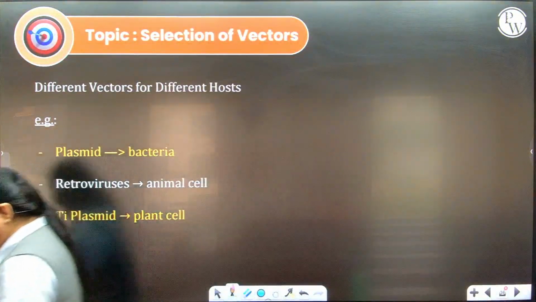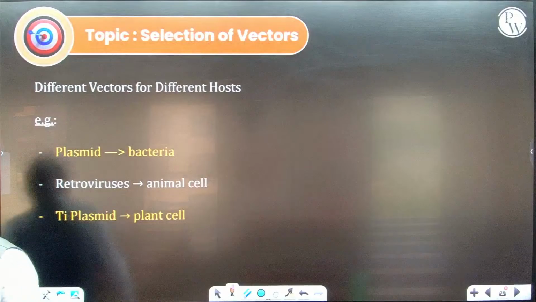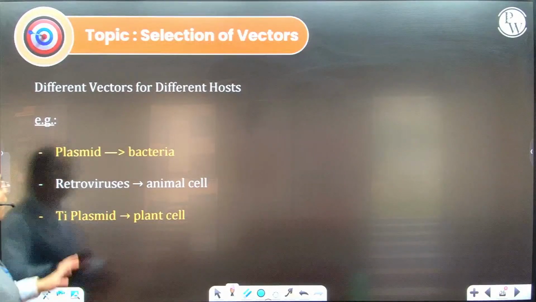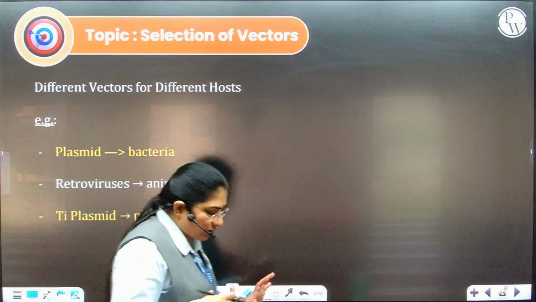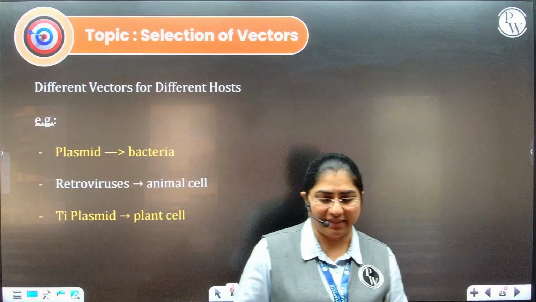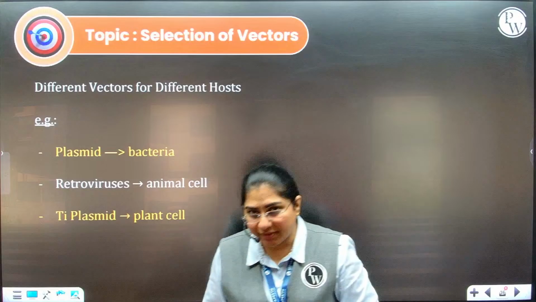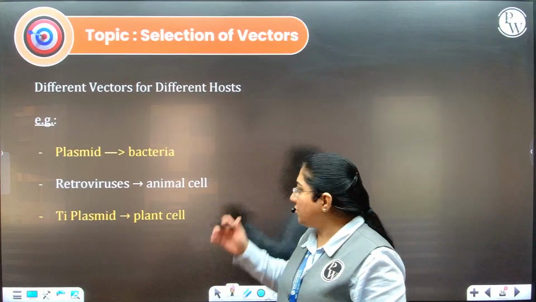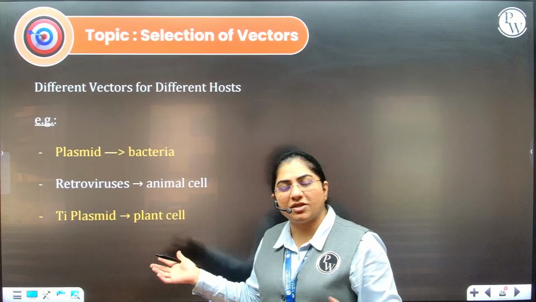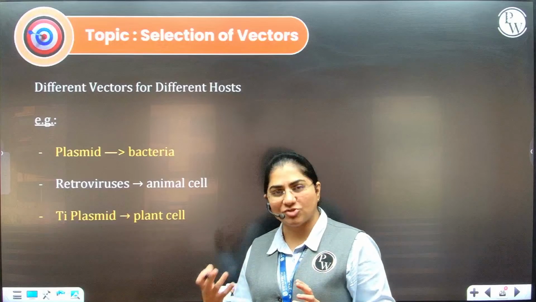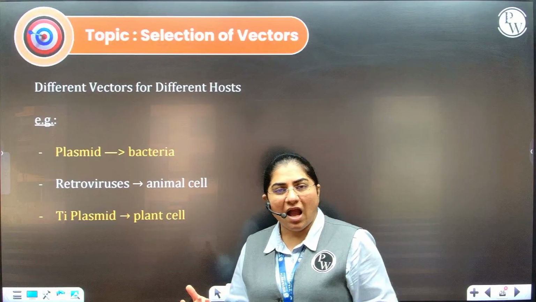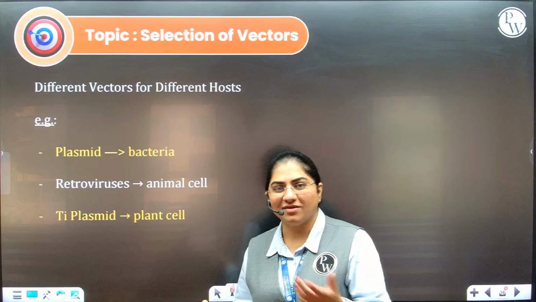Now similarly, we can also choose the vector not only on this criterion but also on the host. If I want to introduce the gene of interest into an animal cell, my dear children, if I want to produce a rosy cow, which you have studied, I am not going to use a plasmid, isn't it?